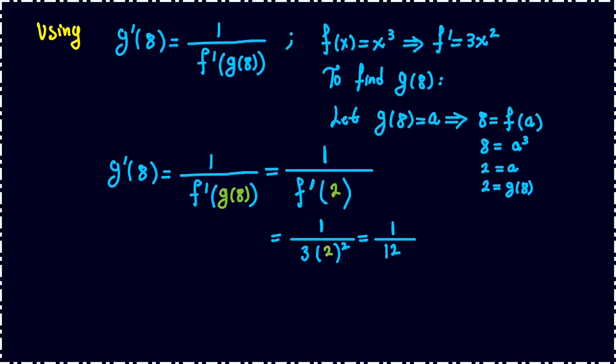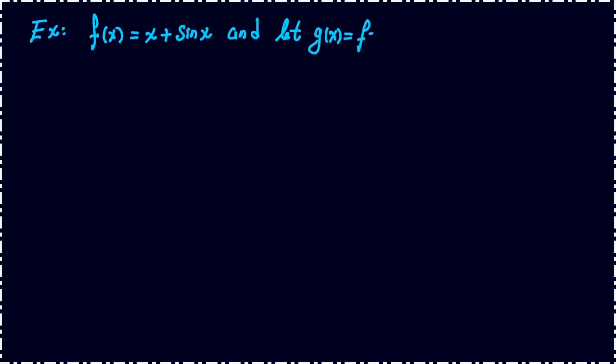So let me finish by actually using that example to find the derivative at some points. So here again, f of x is x plus sine of x. And again, to make things simple, we're going to let g of x be the inverse function.